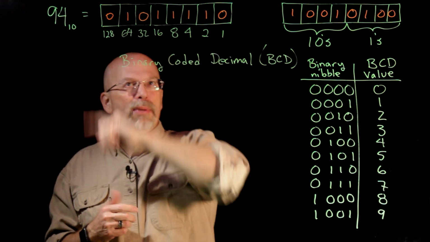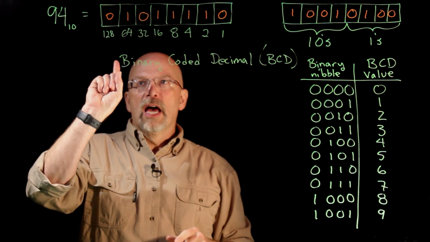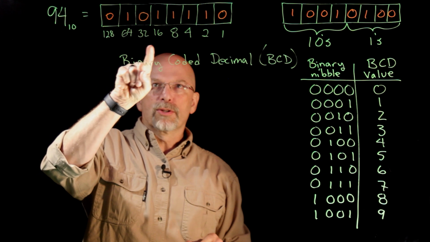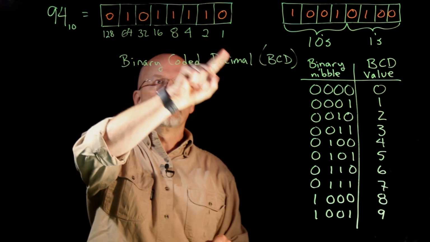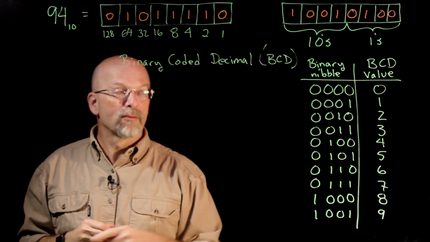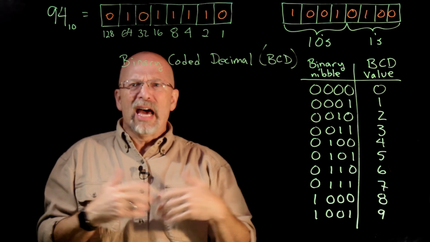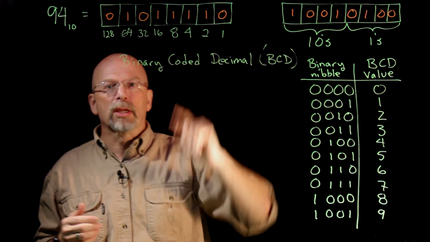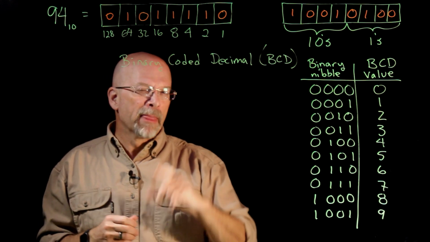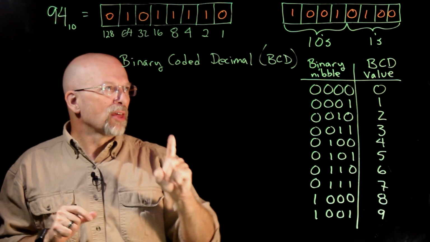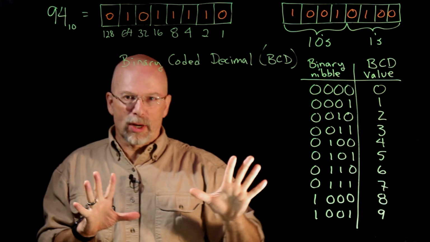With those 8 bits, I can actually represent up to 128 plus 64 plus 32 plus 16 plus 8 plus 4 plus 2 plus 1, or 255. So BCD is only capable of representing not even half of the numbers that we can represent in unsigned binary. But the benefit is that we can actually do a quick translation.